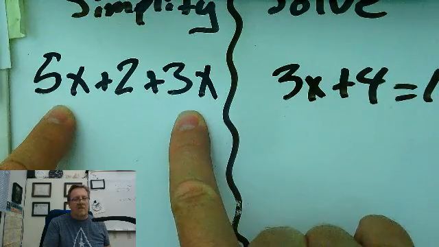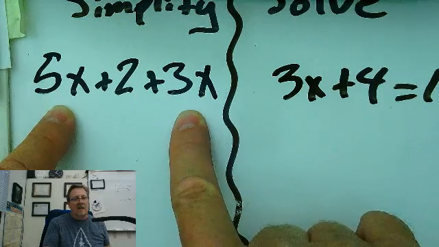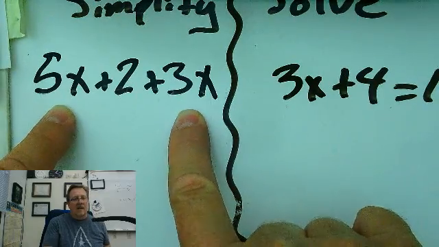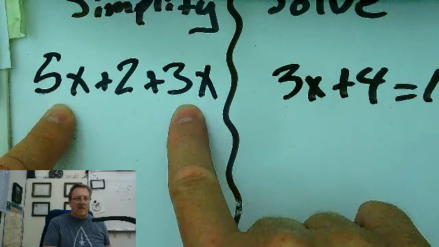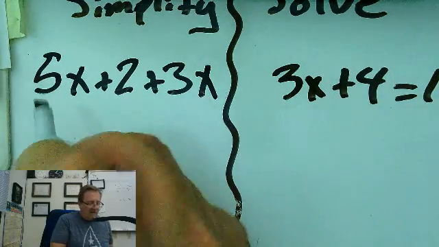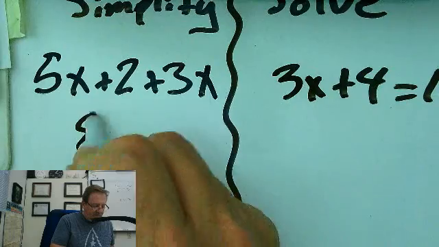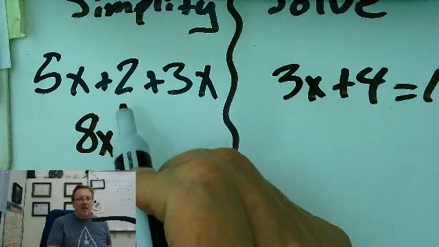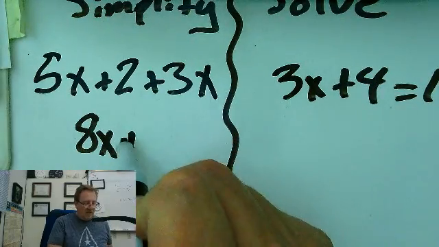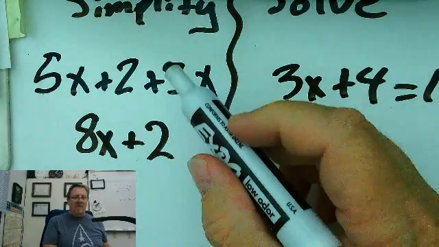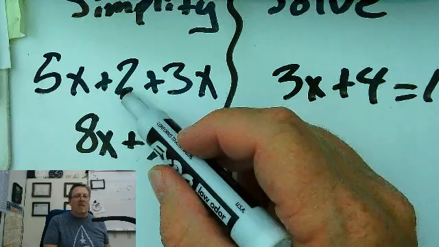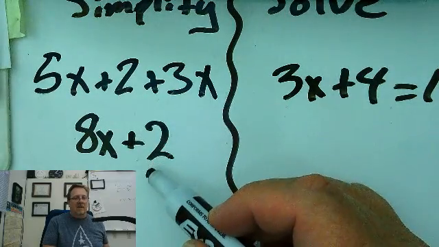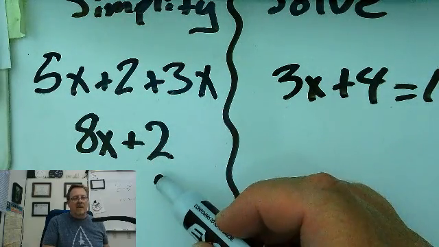Here are two like terms, 5x and 3x. If somebody had 5 x's and they added 3 more x's to them, they would have 8 x's. And notice that 2 is still there, so when I simplify, I combine the like terms and keep all my other terms intact. This becomes 8x plus 2.